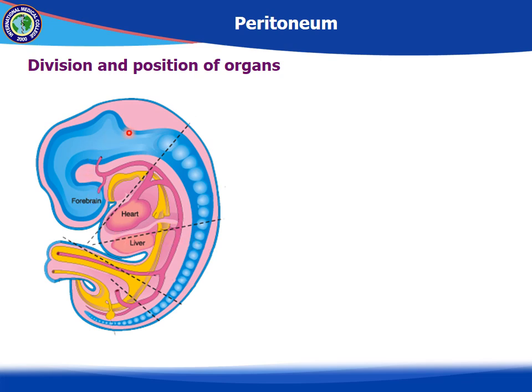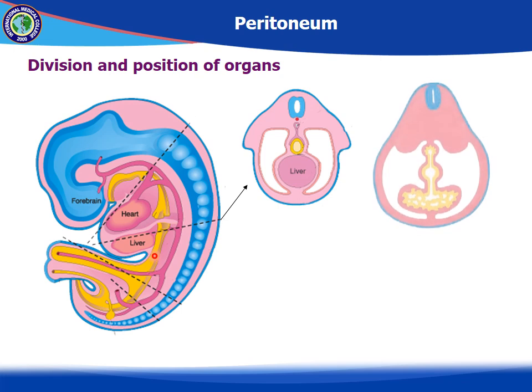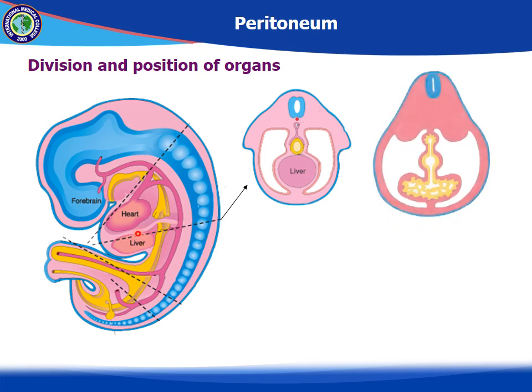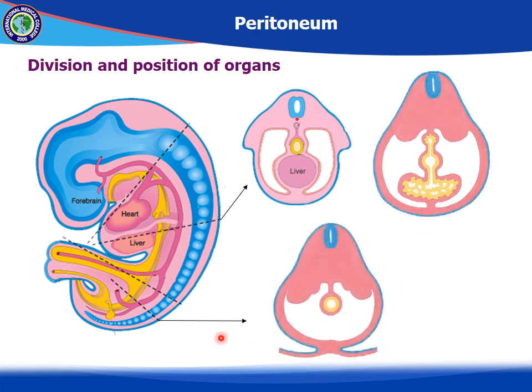You see this is the embryo, and at this section, above the level, the ventral fold shows development of the liver. The ventral fold is now divided into two parts by the developing liver, and below this section you get absence of the ventral fold and only the dorsal fold is there.